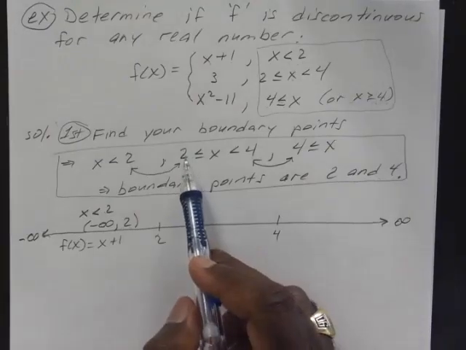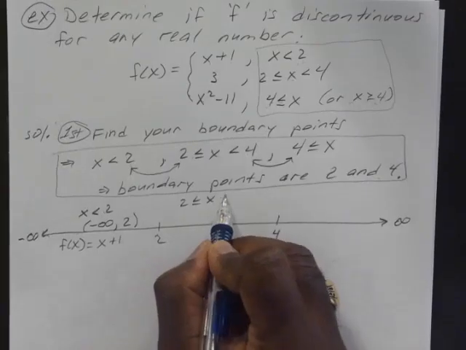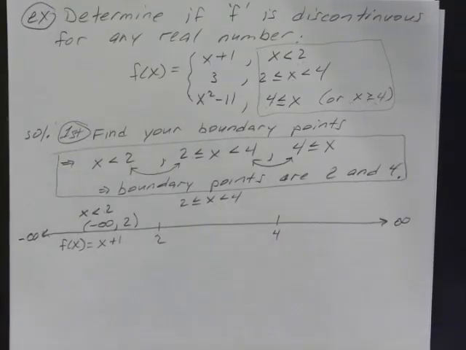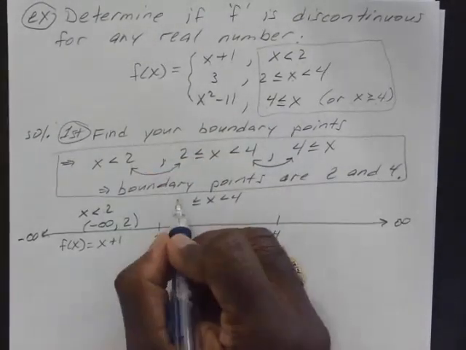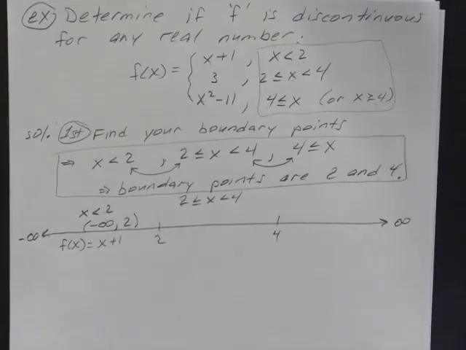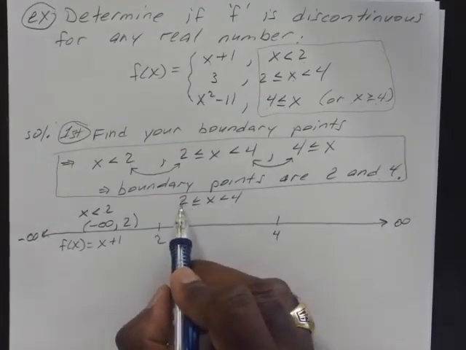Now the interval between 2 and 4, 2 is less than or equal to x, it's less than 4. Yeah, that looks a lot like a z. Let me replace that. There we go. Well, that's the interval from 2 to 4, but it can include 2 since it's less than or equal to.